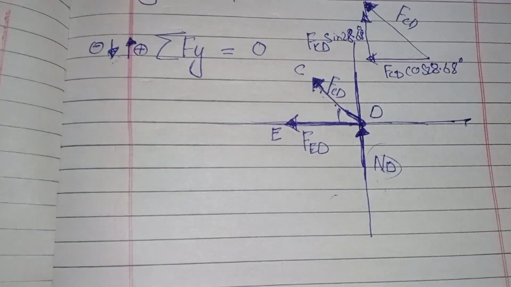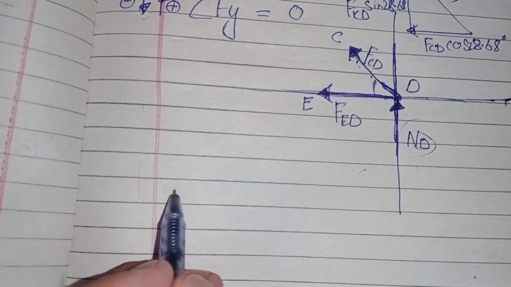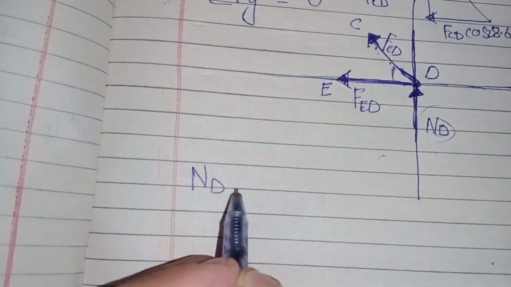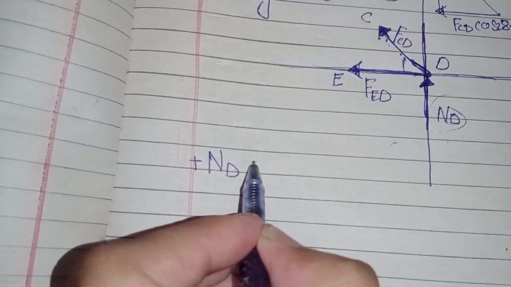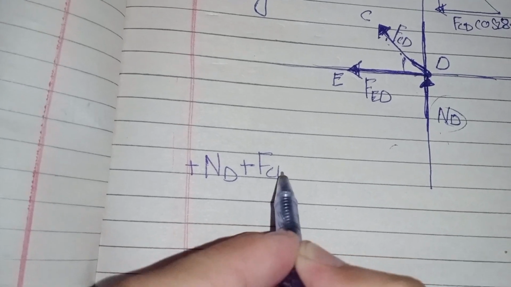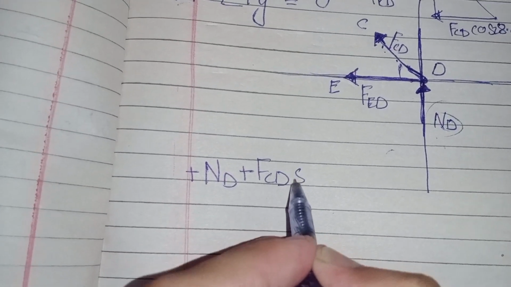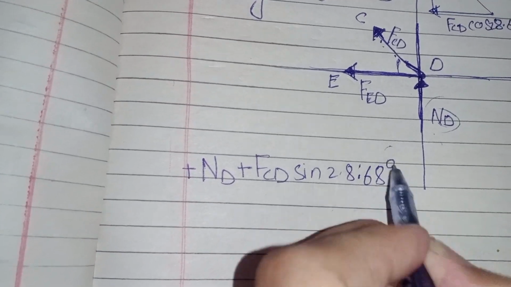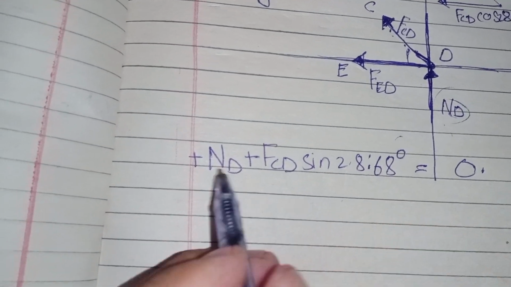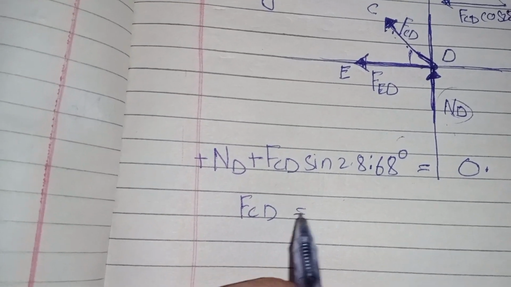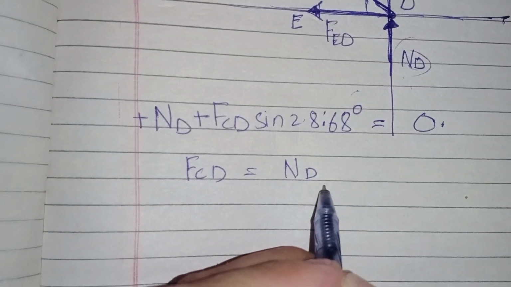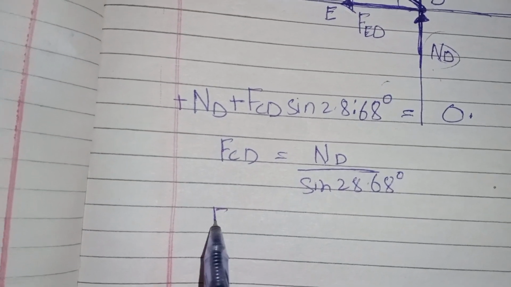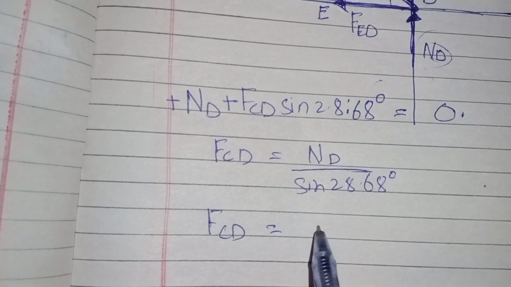Now I will take all the vertical forces. One force is ND, plus the force in member CD sin 28.68 degrees, equal to 0. So FCD equals ND divided by sin 28.68 degrees.